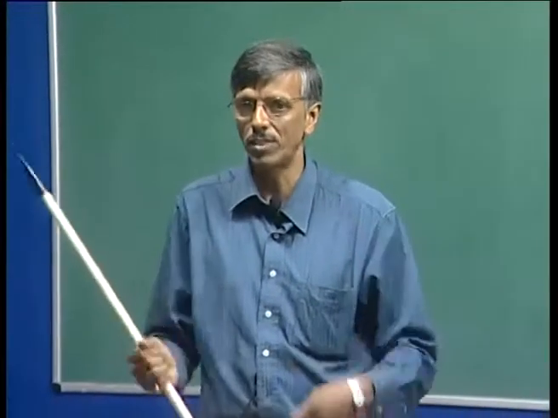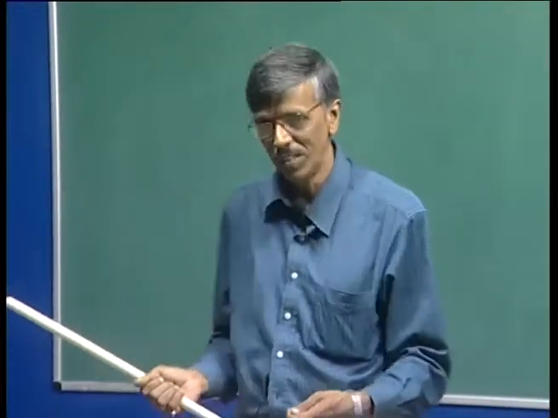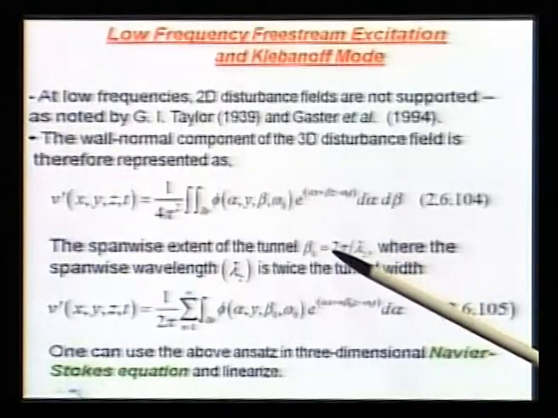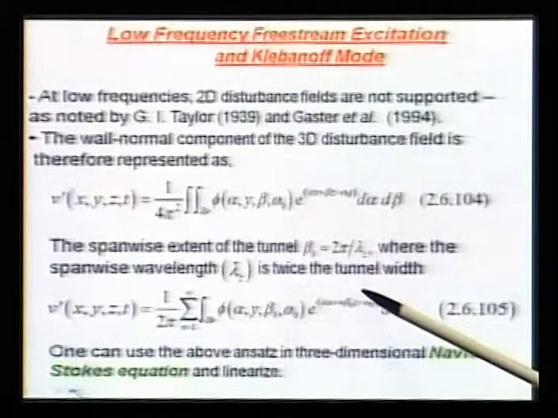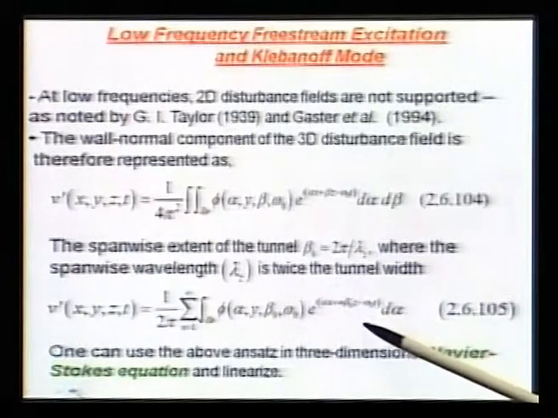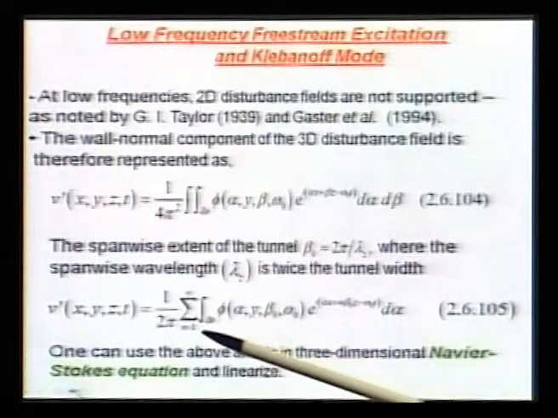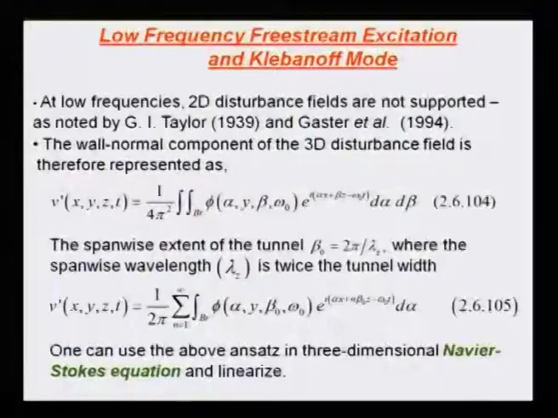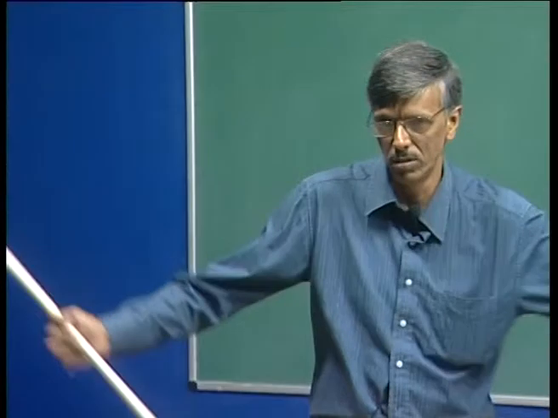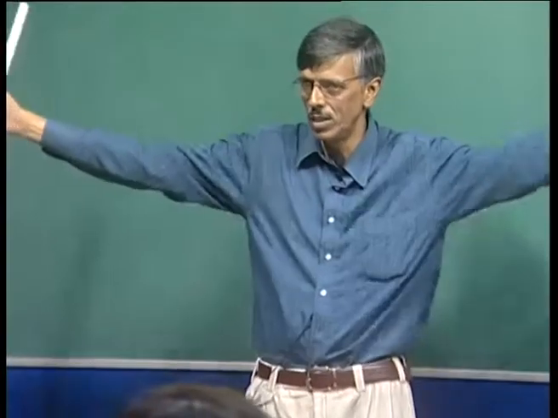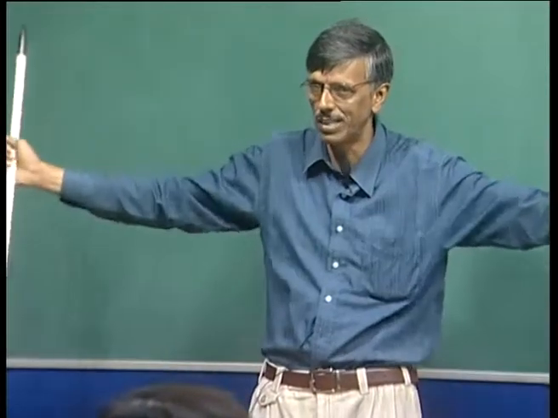I can also create super harmonics, and that is what we have done here. We have obtained beta naught, and then we said, look, there should be a span-wise harmonic component, which we will write as n beta naught, and n should be summed up from 1 to infinity, because we are proposing the problem as if this whole thing is repeating infinite times outside the tunnel.